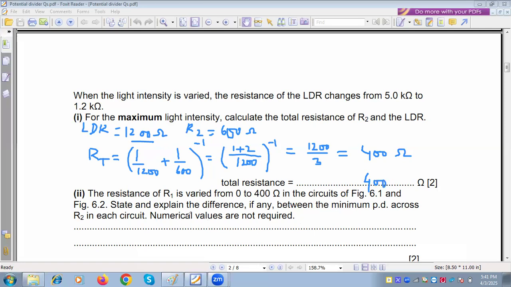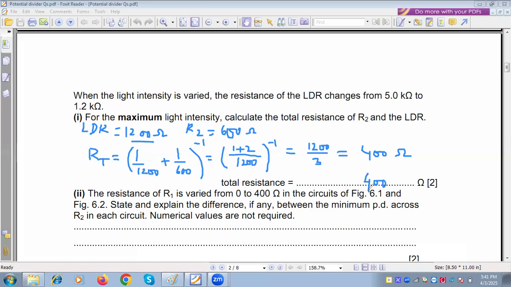Now the resistance of R1 is varied from 0 to 400 ohm in the circuit of figure 6.1 and in figure 6.2. Figure 6.1 has no LDR connected in it, but figure 6.2 has an LDR connected. State and explain the difference, if any, between the minimum potential difference across R2 in each circuit.